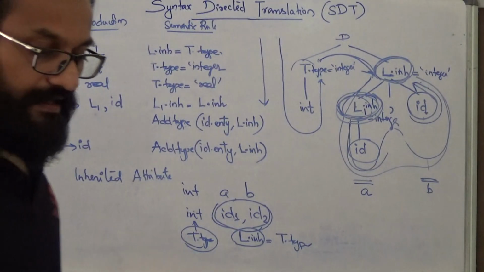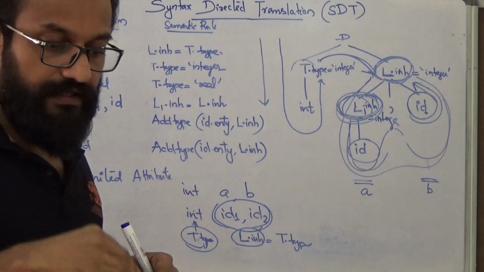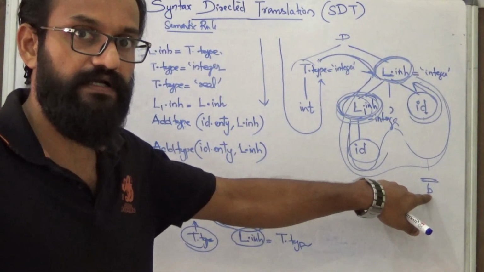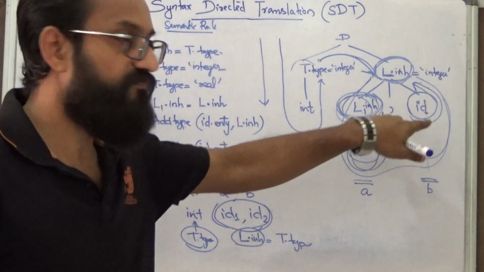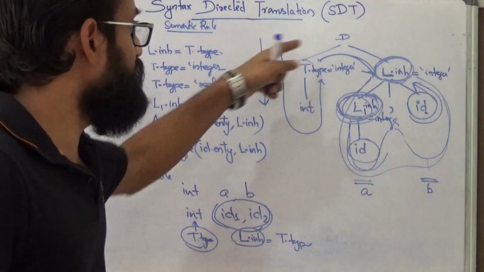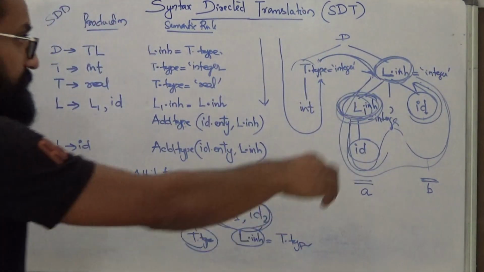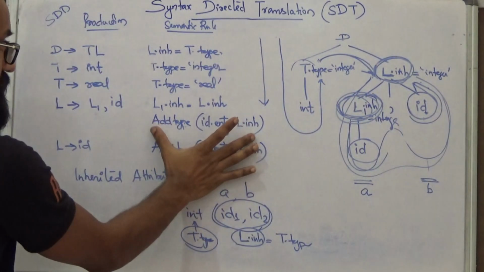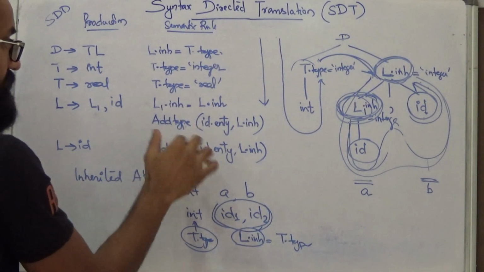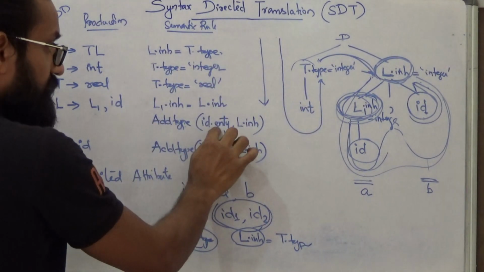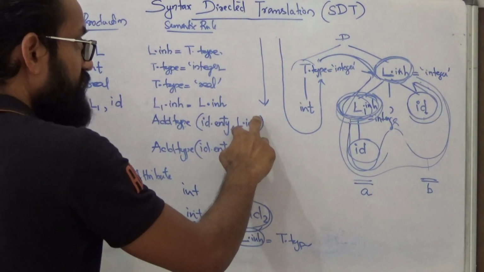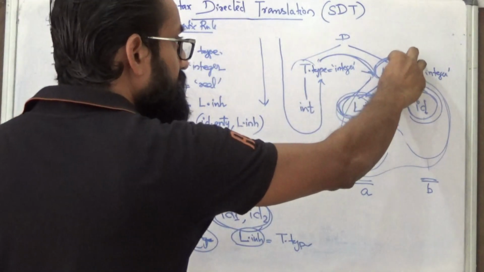There will be a record corresponding to this particular id, that is the id whose lexeme is b, in the symbol table. The type of that identifier will be entered while performing this operation. That is the purpose of this semantic rule. Here you are expected to apply this rule, that is add type in the symbol table for this id.entry, and that type will be the value corresponding to this inherited attribute.